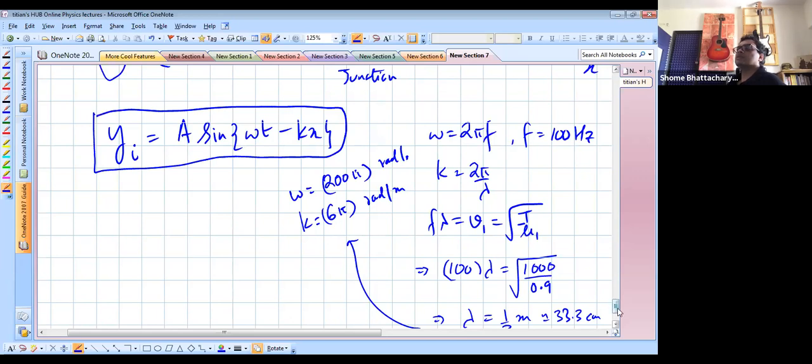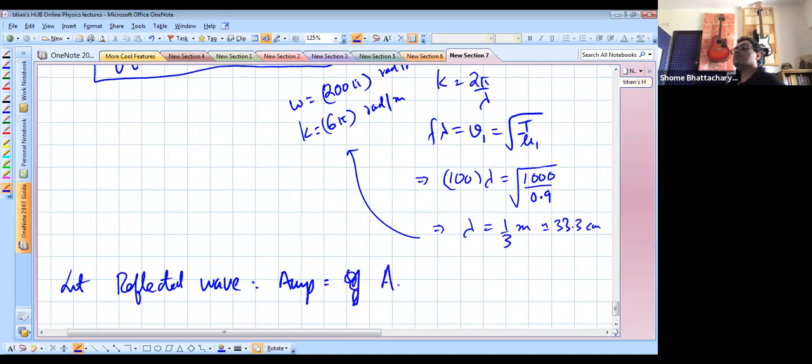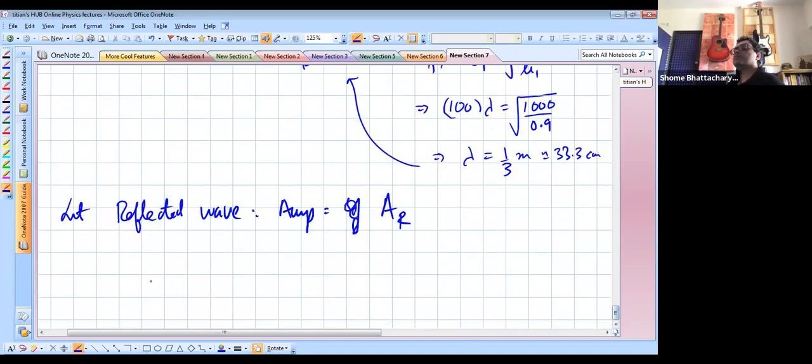Now what is happening is, let the reflected wave have amplitude equal to AR. So the equation of the reflected wave will become y reflected is equal to that amplitude into the same omega, because it's ultimately caused by the oscillation on the string because of the incident wave.